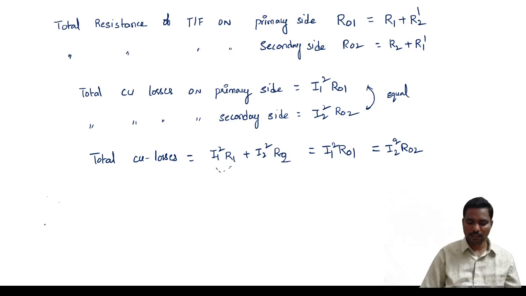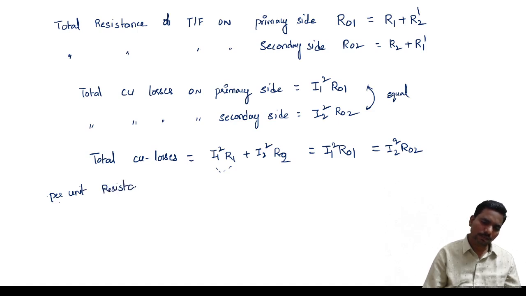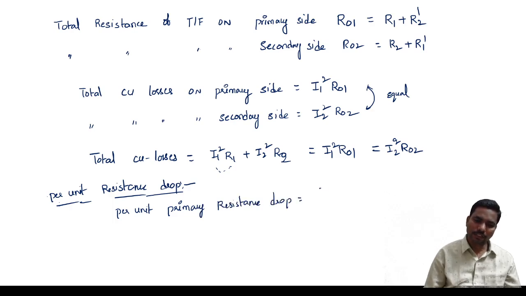After this, sometimes we may get some important points: per unit resistance drop. If you consider per unit primary resistance drop, this is the voltage drop per unit voltage V1 or E1.